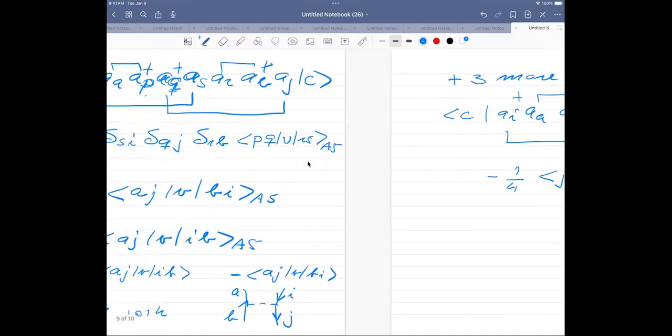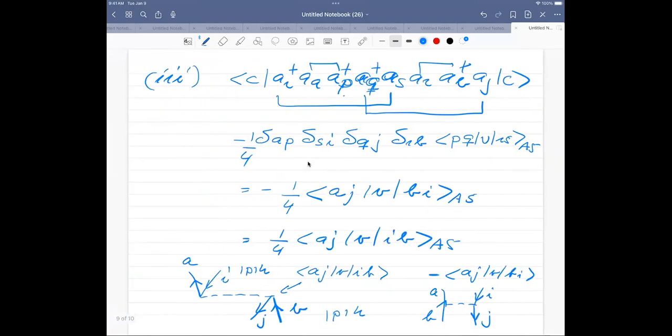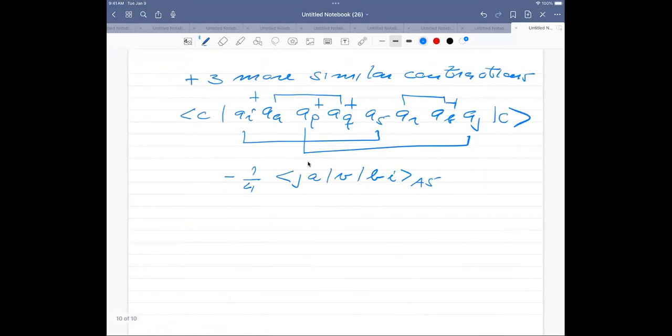So if I look back at the way I organized the matrix elements, I had an AB and an AJ here. So I can always rewrite this one. This is actually going to have a plus sign. So I can rewrite this one in terms of 1 divided by 4 of AJ, of V, and IB, as we had before.